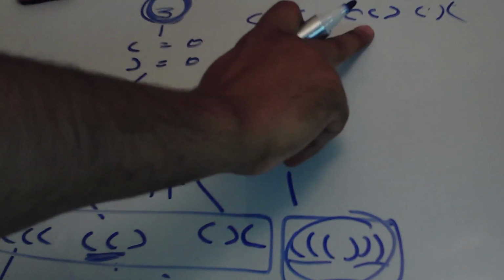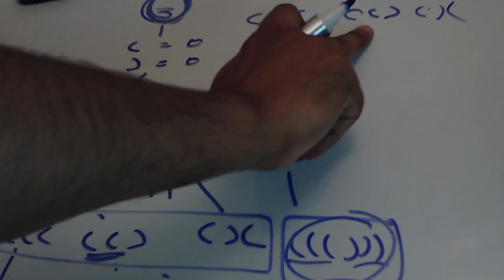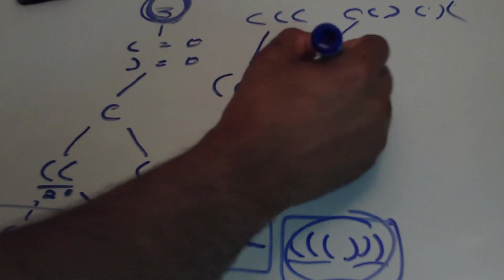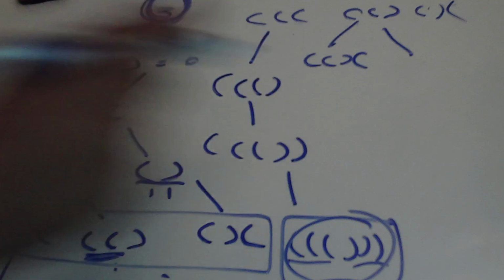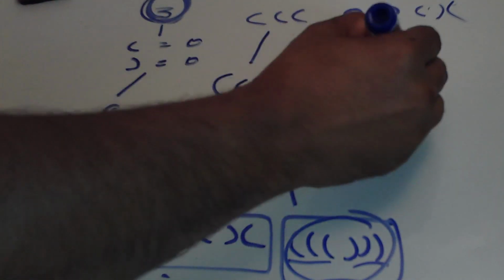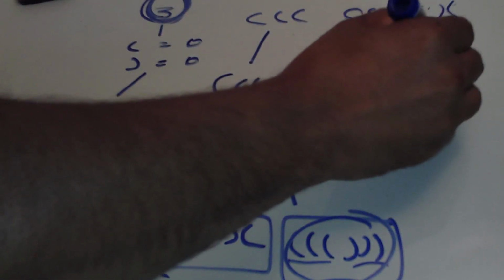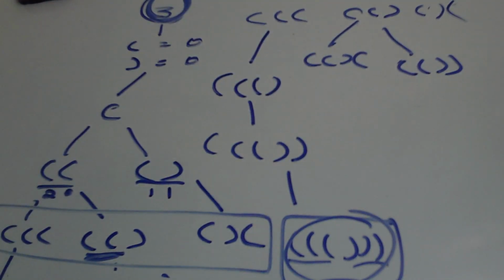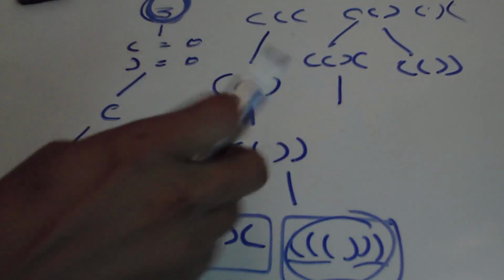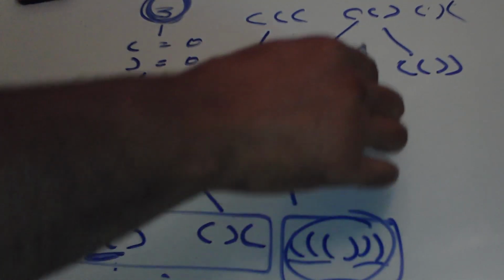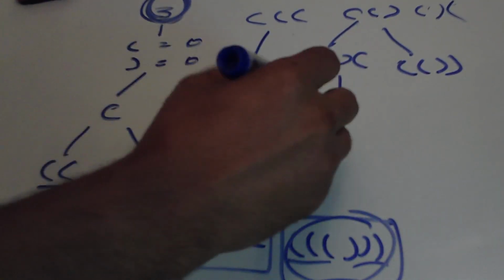Now let's solve this one. This can take one more opening, but closing is less than opening, so it can also take closing. Now if you go down, the number of opening is less than 3, so we can add one more.